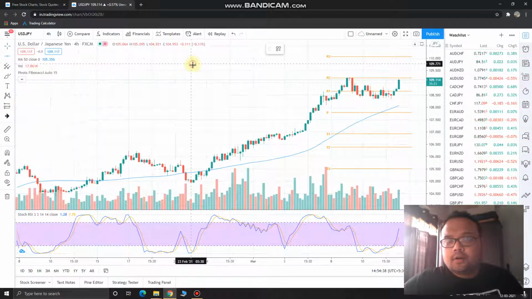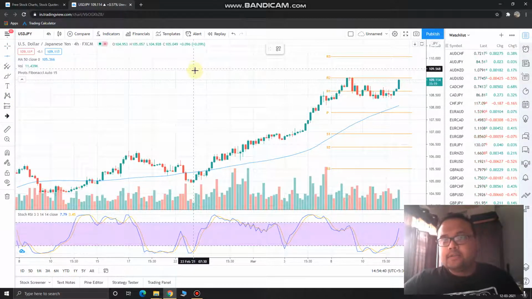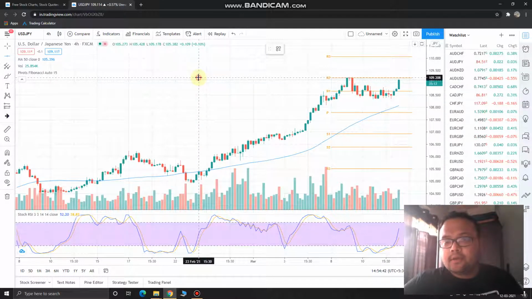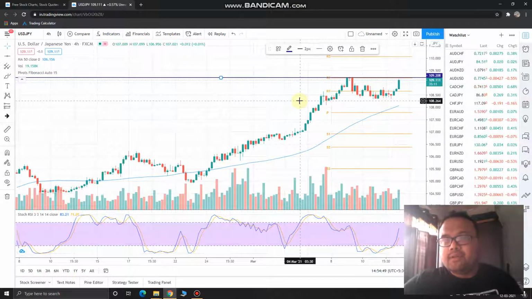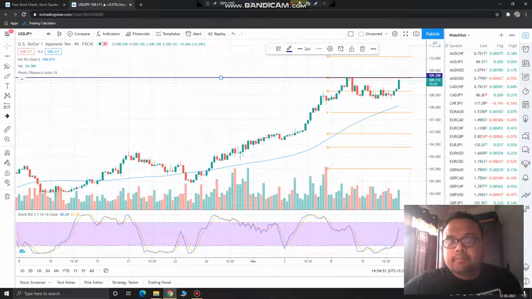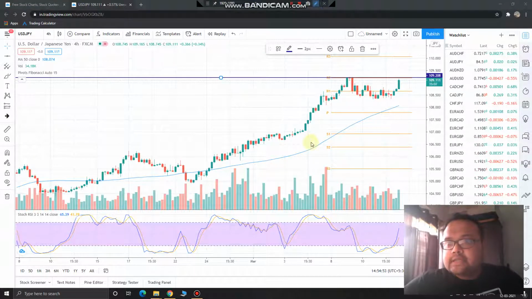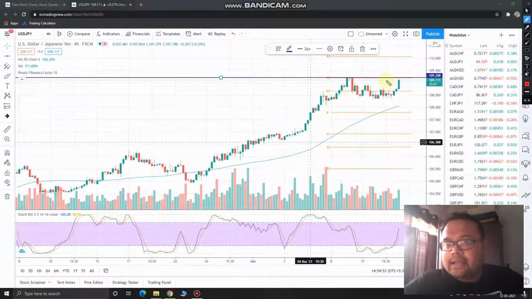For this market USD Japanese yen, we need to look for two spots that will match the area of value. Let me take out the pencil first. So you can see that there is a line here and the line is at 109.20.